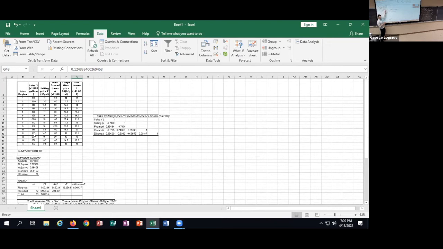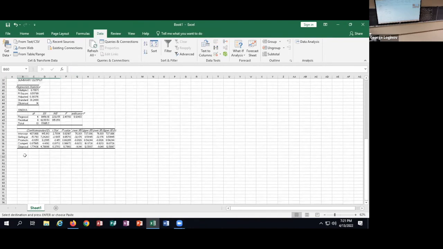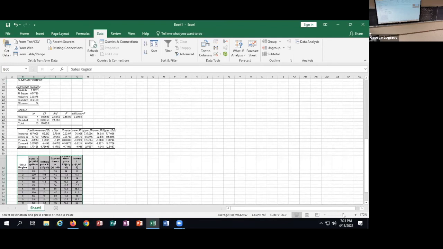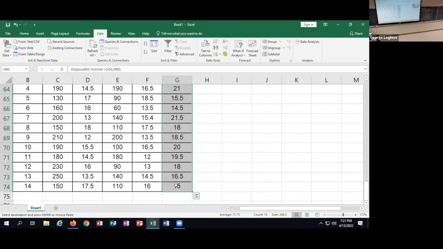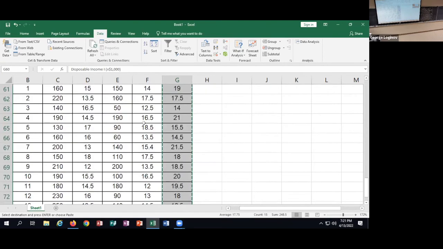Otherwise, it will give you an error. So I'm going to copy my data set. I'm going to paste it down. Okay. And then I'm going to take the disposable income, copy it, and just throw it over the competitor's price. Because I need these three columns side by side.